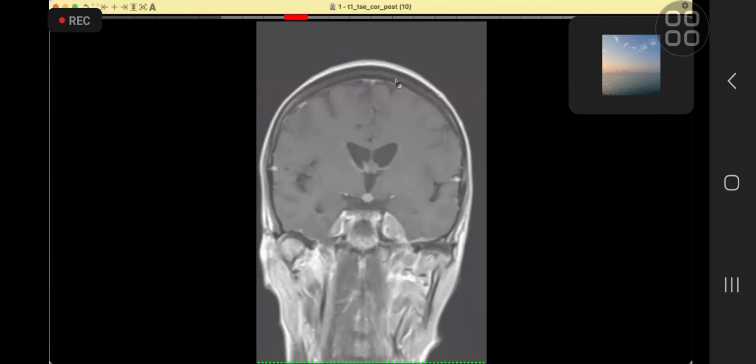My conclusion for this is a suprasellar, well-defined, enhancing lesion. My first differential diagnosis would be an aneurysm. I think it may be arising from the anterior communicating artery.